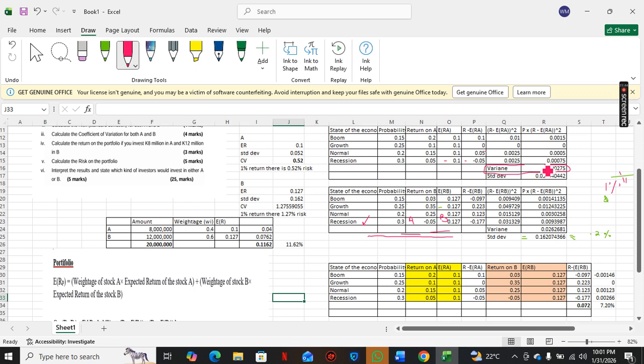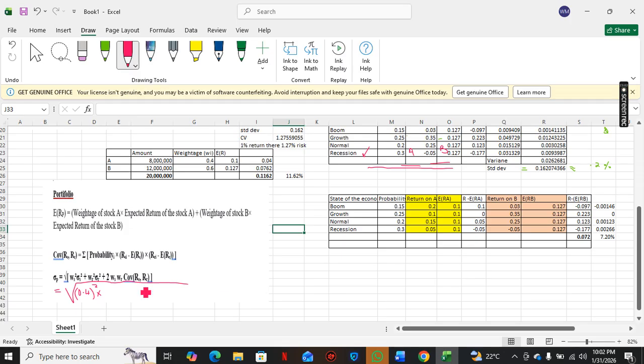When we're calculating the individual standard deviations, whatever standard deviation you have, just square it. So 0.00275.